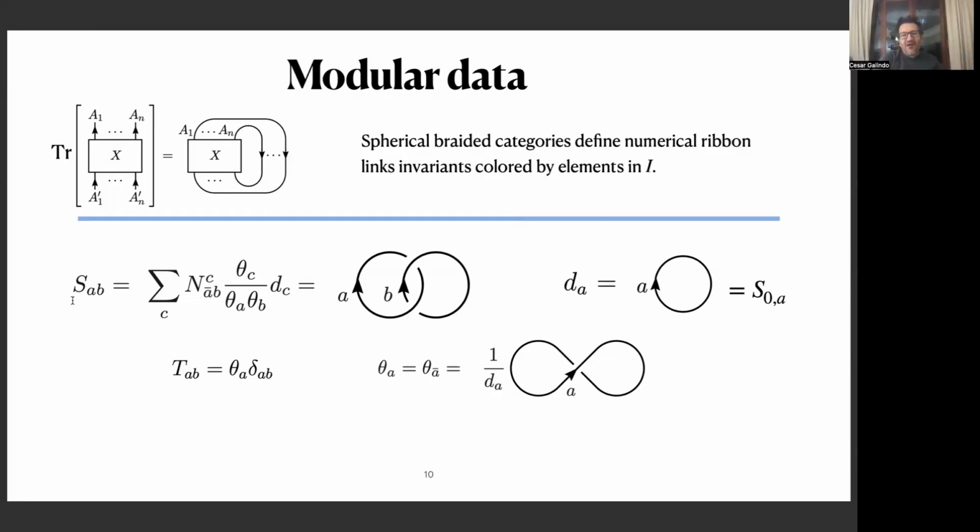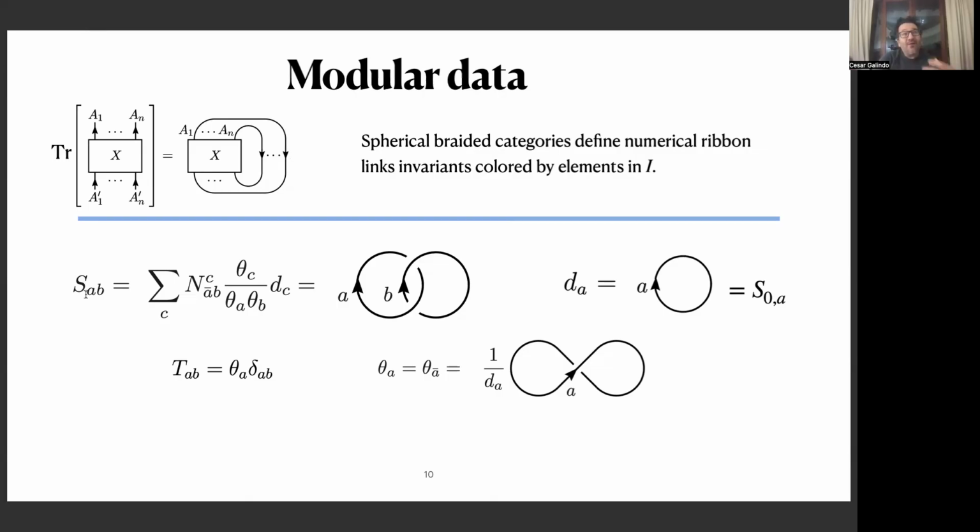So for every braided spherical category, we have this S and this T matrix, and S and T together are called the modular data. If the S matrix is invertible, the category is called modular. So a modular category is a spherical braided fusion category with this matrix invertible.